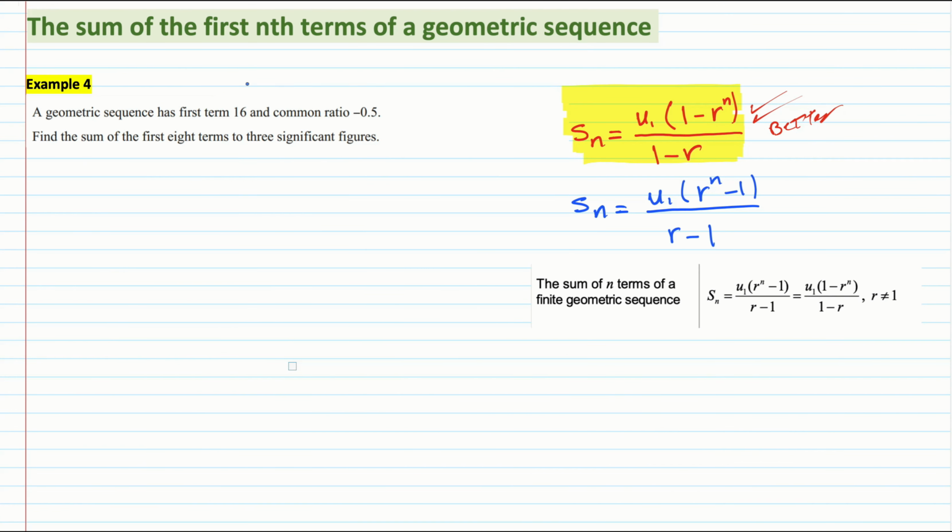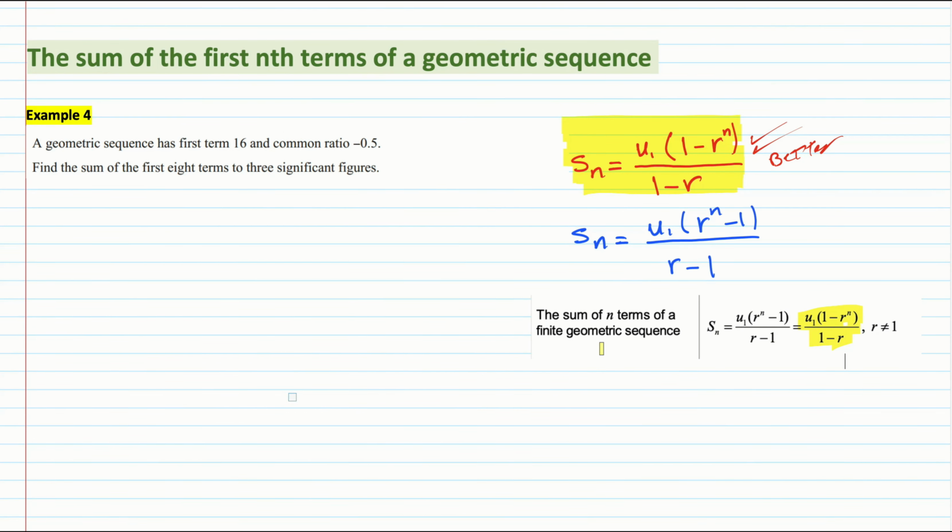Now the sum of the first n terms of a geometric sequence. In the data booklet, you're going to have two rules. I prefer this one because it looks like the rule for the sum of an infinite geometric sequence, which you're going to study later. So in example 4, a geometric sequence has first term 16 and a common ratio of negative 0.5.